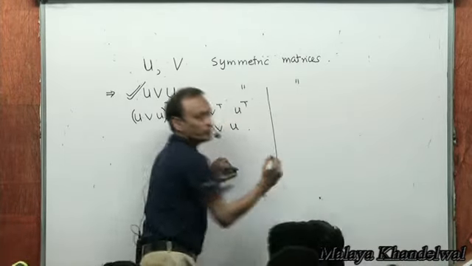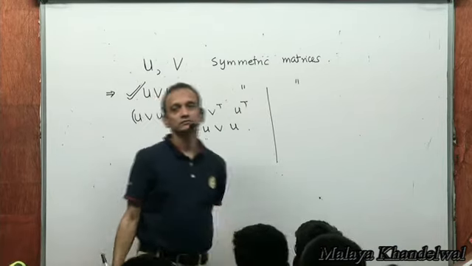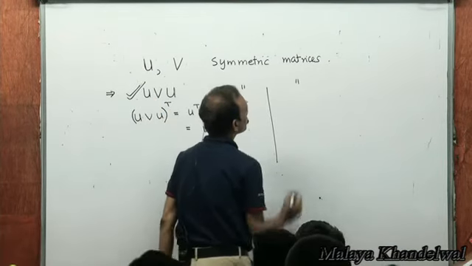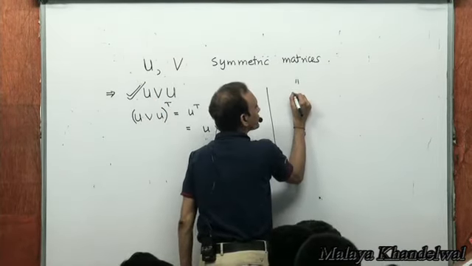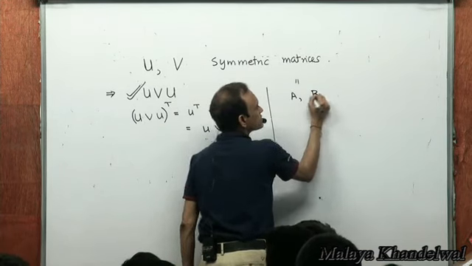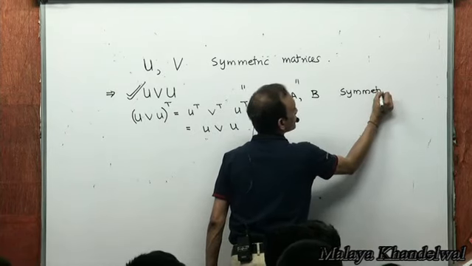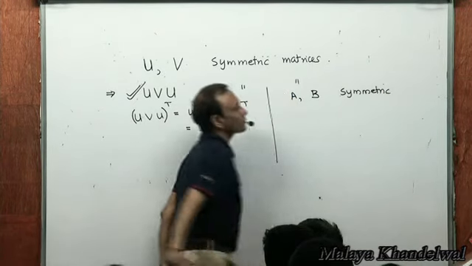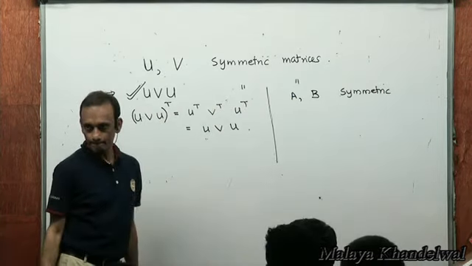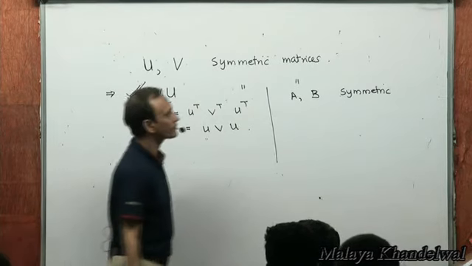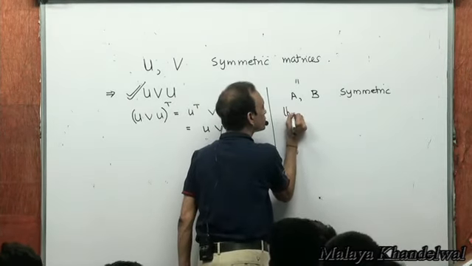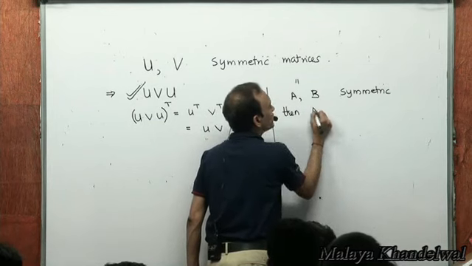Also, if say A and B are symmetric matrices, then AB will be symmetric.